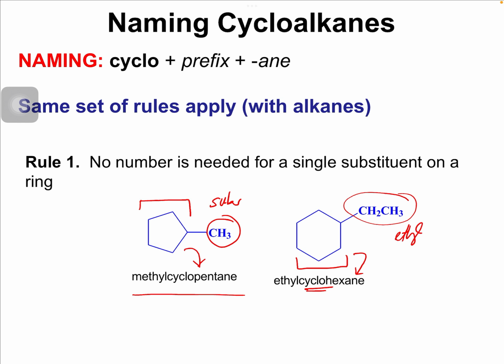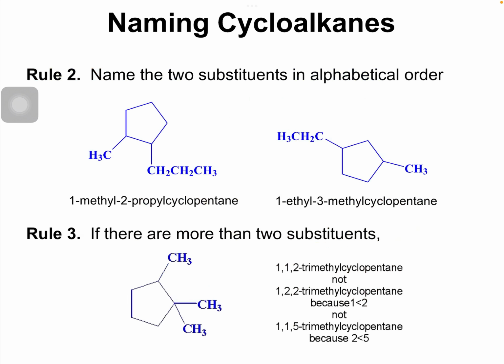Okay, so no need. So ito naman, naging 6 naman yung kanyang carbon. So we call that a cyclohexane. Diba? We add cyclo before the name of the parent, meaning it's pabilog siya. And we have a substituent called ethyl. So this one is an ethyl group. Okay? So what about if there's 2?